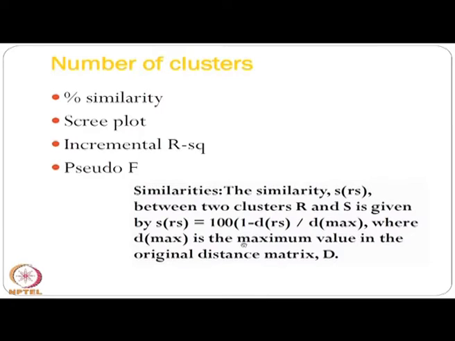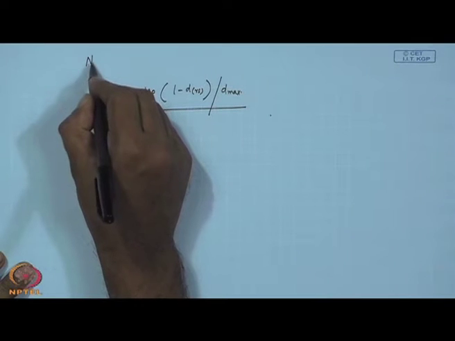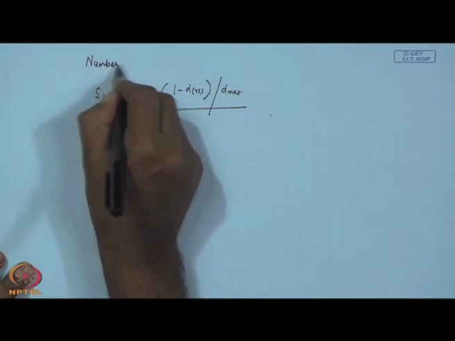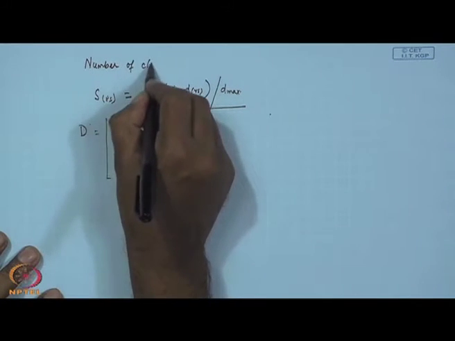Now, I will explain a little bit of that similarity part as well as scree plot, incremental R square and pseudo R square, and pseudo F also, because these are the criteria for finding out what will be the number of clusters that you want to keep.